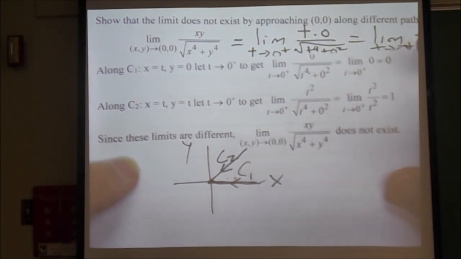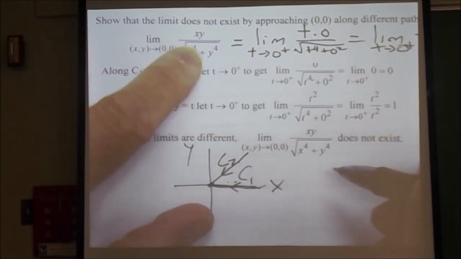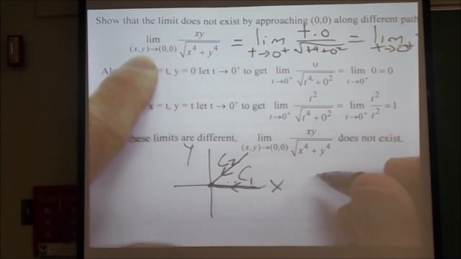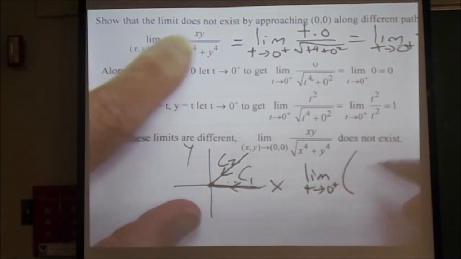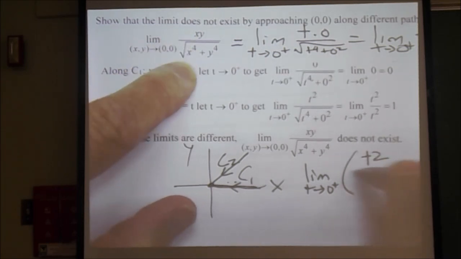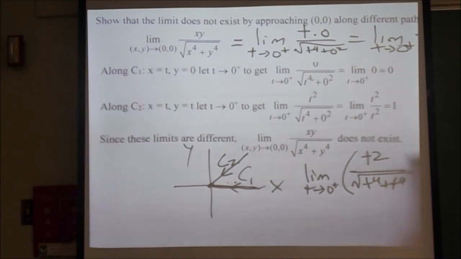Now what do I get? Let's write it down here. I've got some space. If I put in t for x and t for y, then this becomes the limit as t approaches 0 from the right of t times t, which is t squared, over square root of t to the 4th plus t to the 4th.